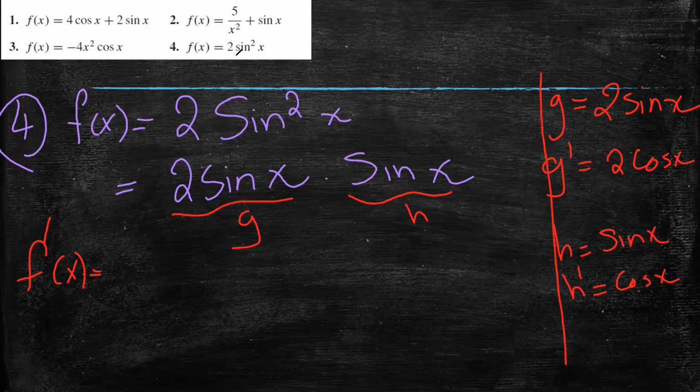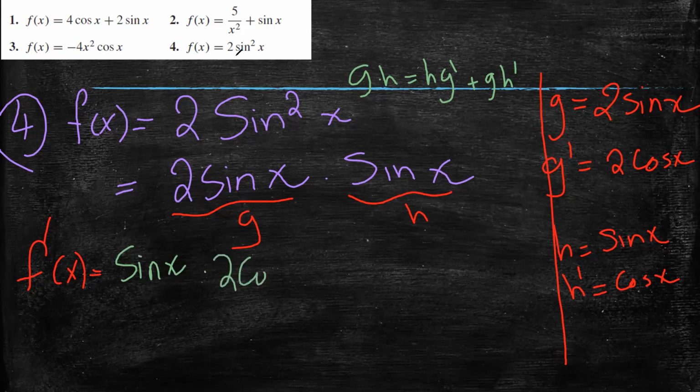Now, back to the derivative. We said that if we have two functions that are multiplied, we say h g prime plus g h prime. So h is sine x, times g prime, 2 cosine x, plus g, 2 sine x, times h prime, cosine x.